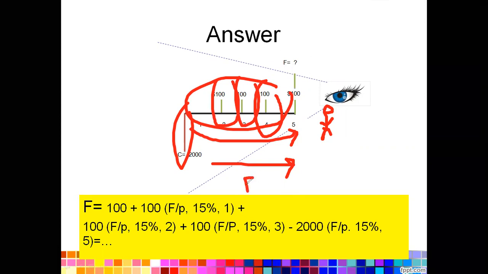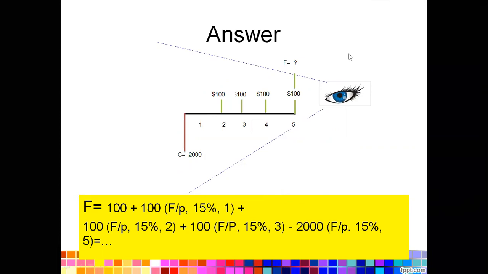So the formula will be to find F, if P is already given, F/P. Now the first one is 100. Why do we put only 100? We don't put the compound factor since we want to know the exact value at the same period.